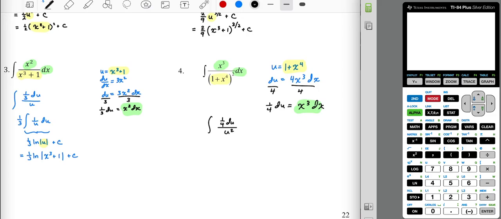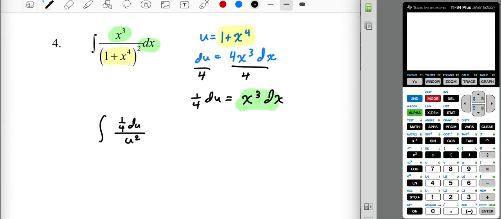So for this one, I have a u squared on the bottom. That's not a natural log, because I can bring that u squared up and make it u to the negative second and use the reverse power rule.